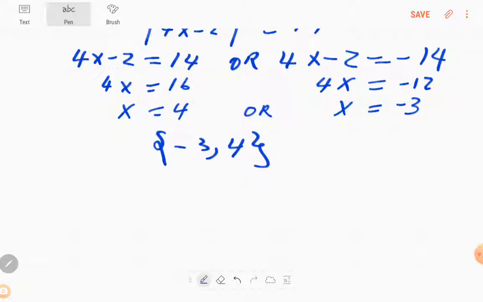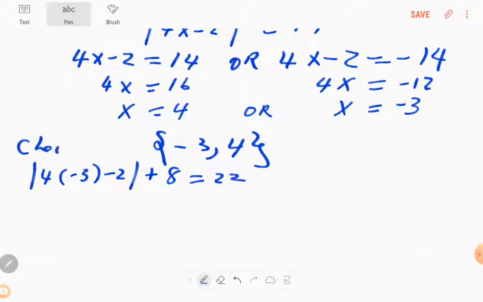And of course, we can do a quick check. So the absolute value of 4 times negative 3 minus 2, plus 8, is that equal to 22? So there's a check I'm doing here.